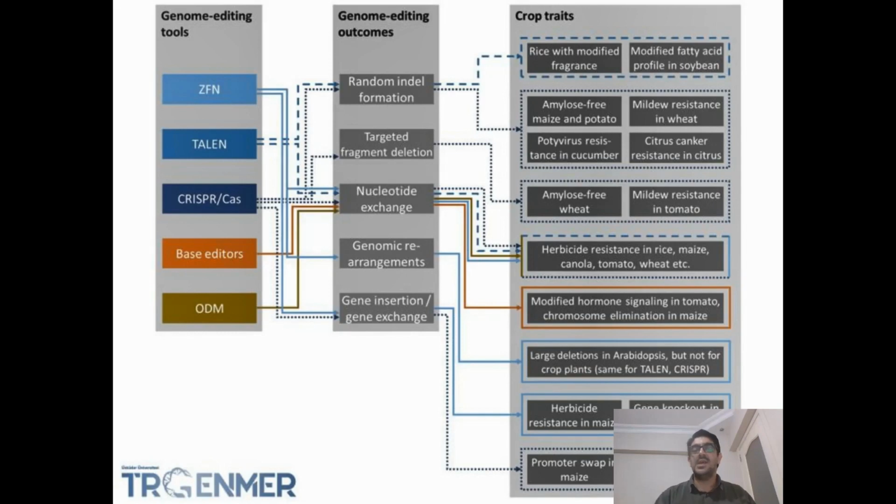On the other hand, you can also produce targeted mutagenesis in the modified hormone genes in the tomato, or chromosome eliminations in the maize. And that's why, with the help of base editing and prime editing systems, you can do any targeted mutagenesis, not only in patients but also in plants.